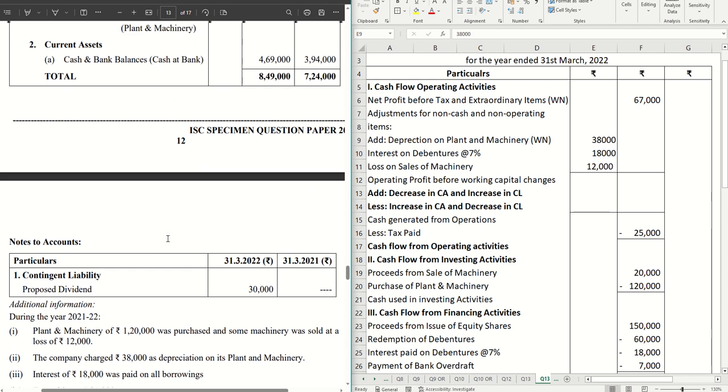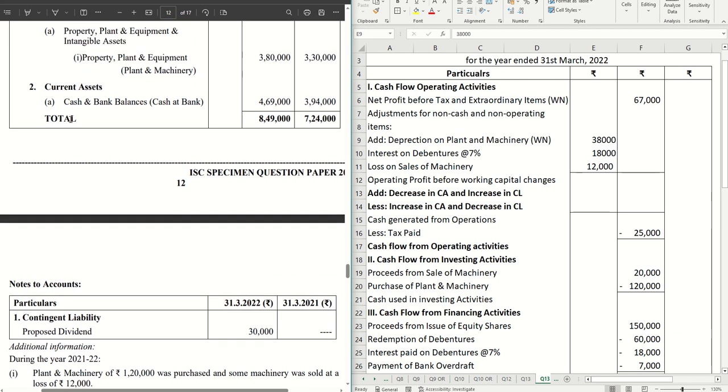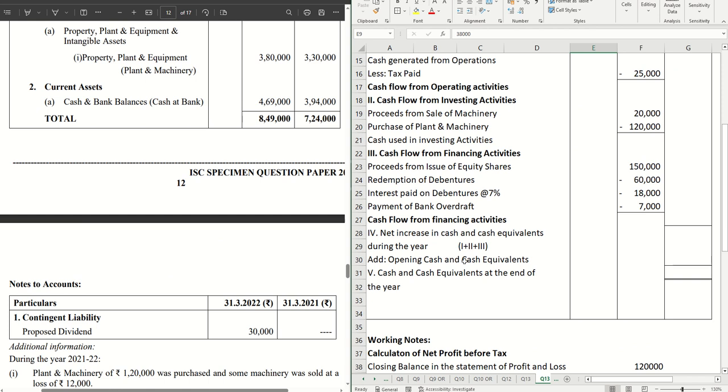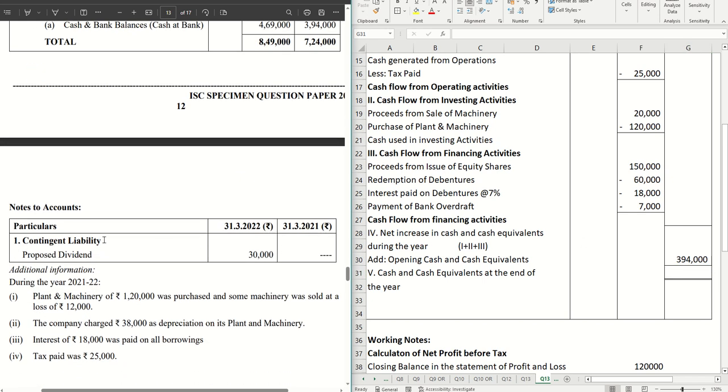Let's move on to the next item that we have, which is cash and cash equivalents. The opening cash balance is mentioned here. We need to write it here, 3,94,000. All right. So now coming to the next item, proposed dividend. Now be very careful.